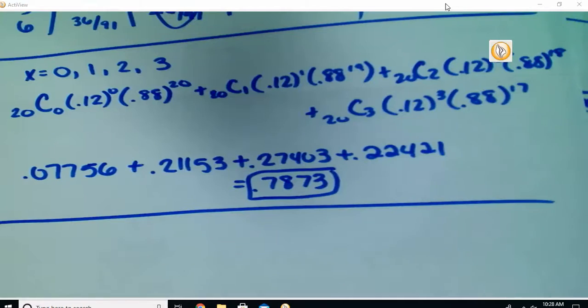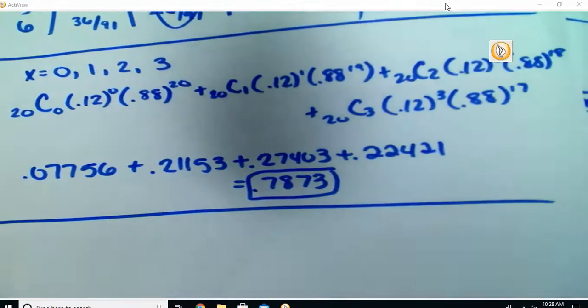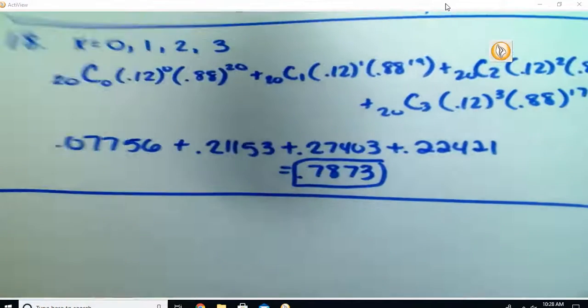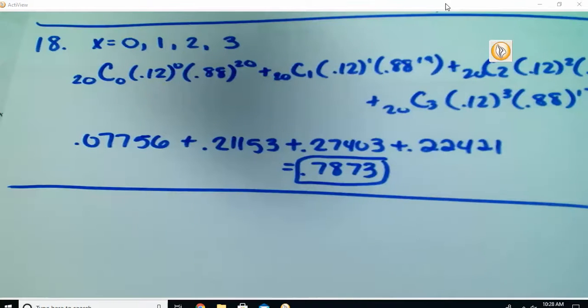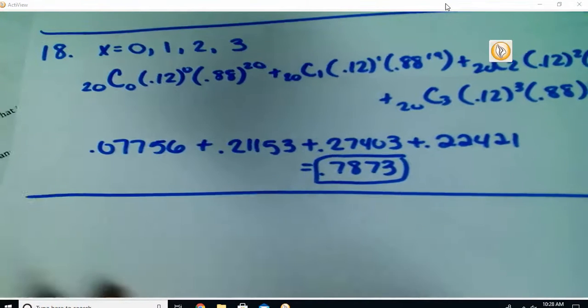So binomial, use the table if you can. If not, use your formula. Remember, binomial is when you have a yes or no possibility. You have side effects or you don't. And then we have part B, excuse me.